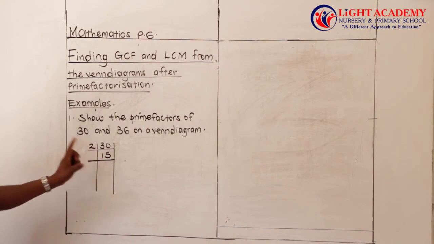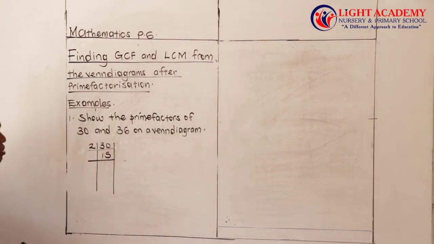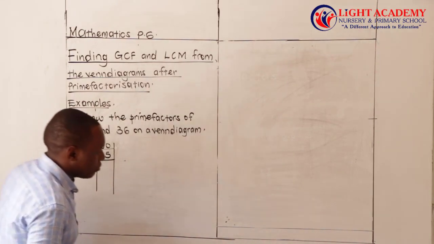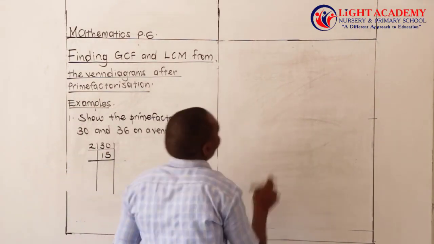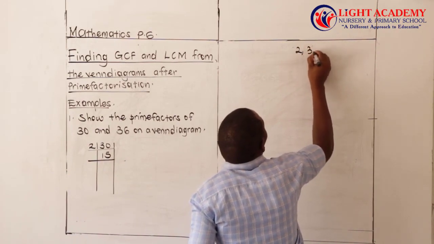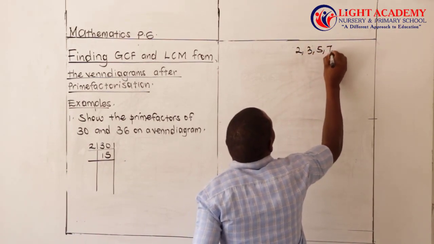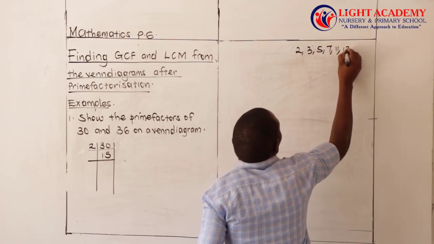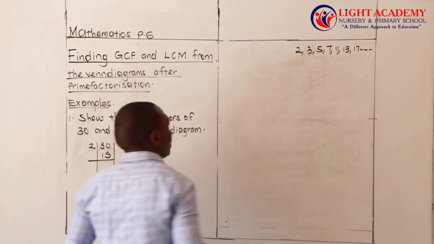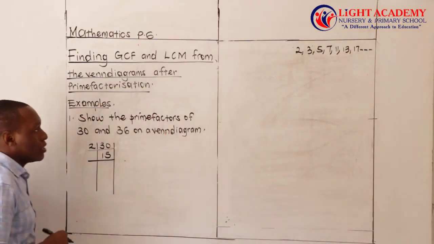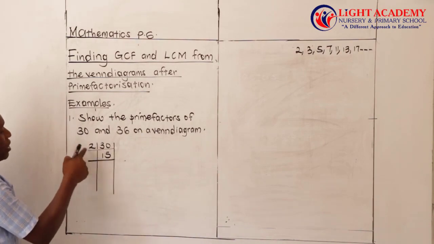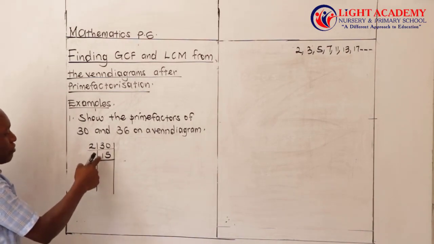From the list of prime numbers, we have 2, 3, 5, 7, 11, 13, 17, and very many others. That is a list of some of the prime numbers.